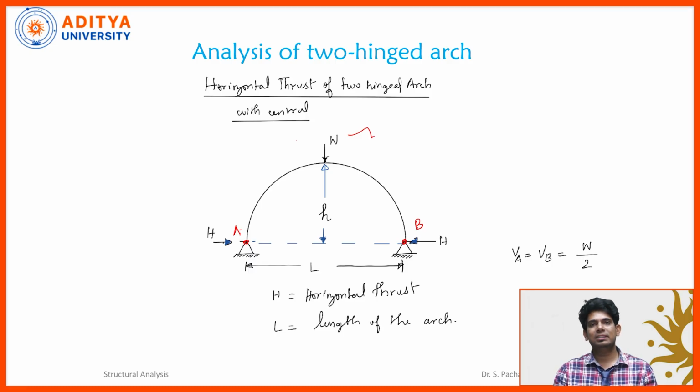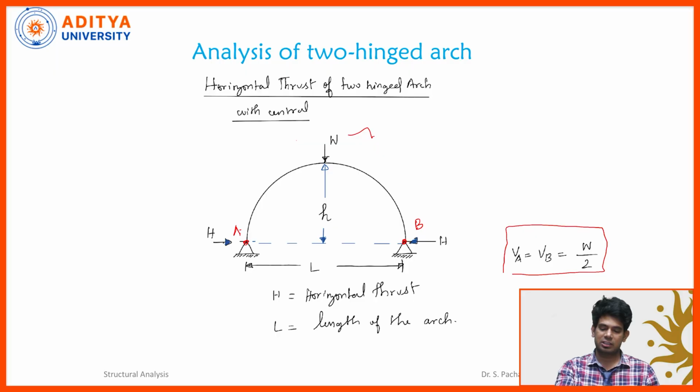Since the load is located symmetrically, the right-hand portion and left-hand portion both look similar, and the load is acting exactly at the crown. So this is a symmetrically loaded arch member. Because of that, VA is equal to VB.